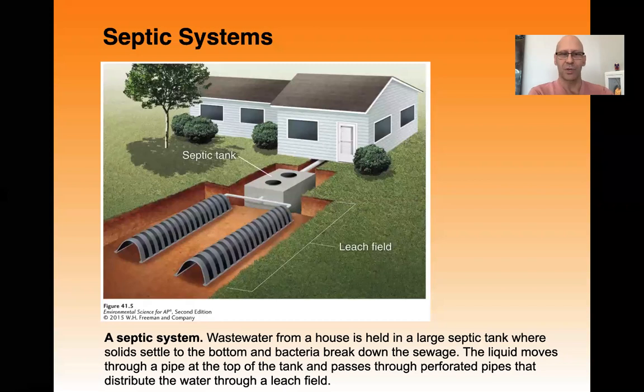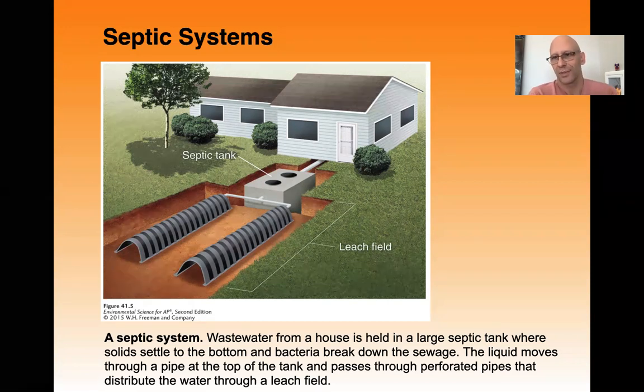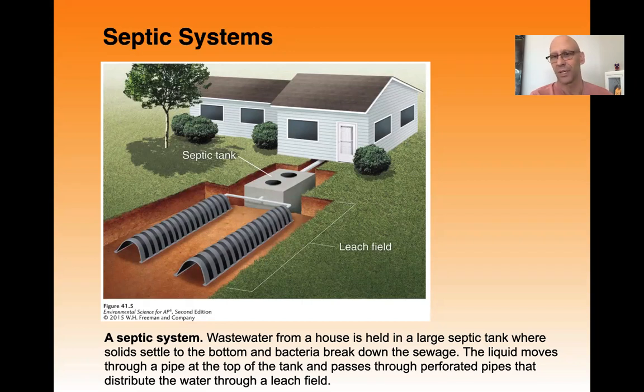There's really two main parts to a septic tank or septic system. The first is the tank. So any water that comes out of your house, if you live in the country, is going to enter the tank. And the tank is divided into two parts. The first part is just simply the bottom, and it works through gravity. Anything that is large sinks to the bottom and becomes what is referred to as a sludge.